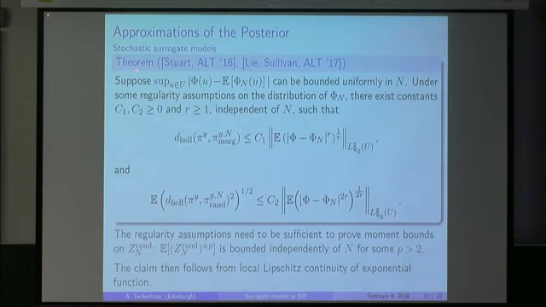The assumptions that you need are firstly this one. This is very similar to the result that we had previously, that uniformly in the parameter space you need to be able to bound this term. You need to make sure that this term doesn't blow up as n tends to infinity. And then you need some regularity assumptions on the distribution of phi n.